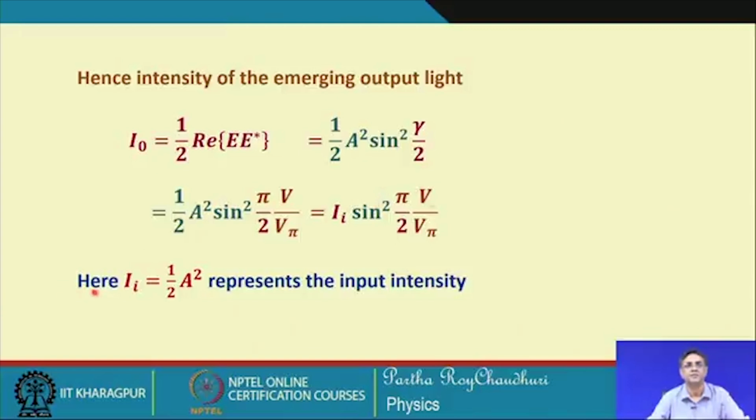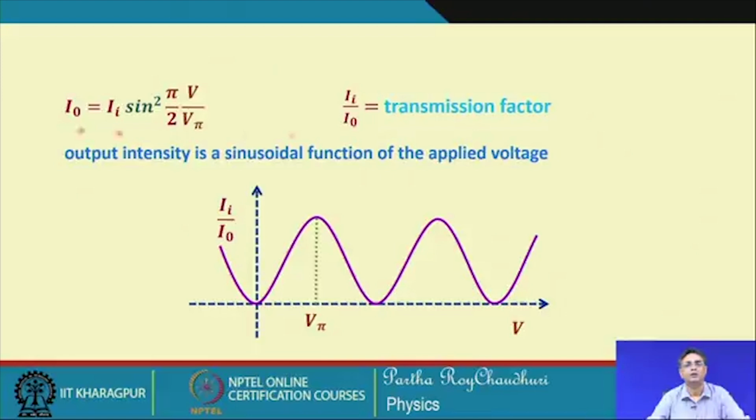As a result, because for this input intensity I have used this half A square which represents the input intensity, I have this relationship I0 equal to I input sin square of pi V by twice V pi. Now, if you plot this, we call this I0 by I, this is the transmission factor, how much factor of the input light is transmitted to the output.